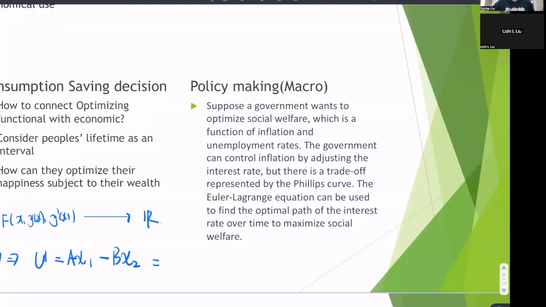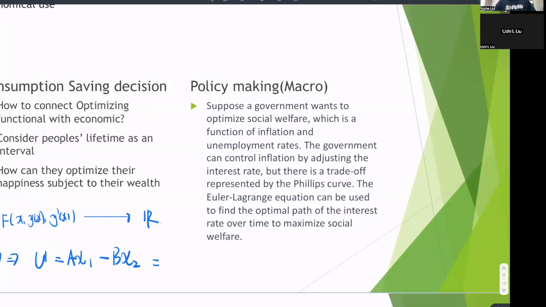The government can control inflation by adjusting the interest rate. But there's a trade-off represented by the Phillips curve, which we will definitely talk about later on. The Euler-Lagrange equation can be used to find the optimal path of the interest rate over time to maximize social welfare.